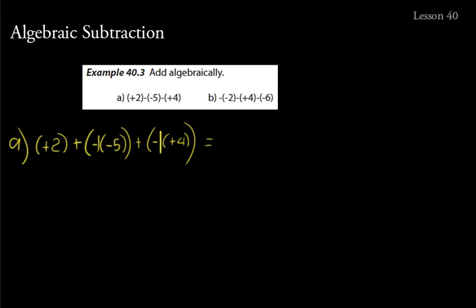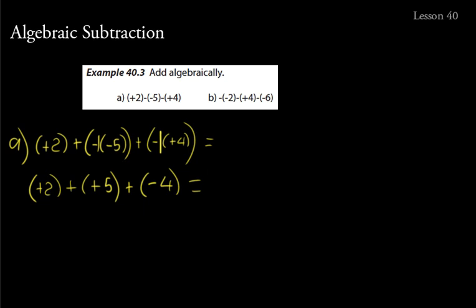Okay, so let's simplify those. PEMDAS, simplify inside parentheses first. Plus 2 plus a positive 5, right? Minus 1 times minus 5 is plus 5. Minus times minus is positive, okay? Plus minus times positive is minus, negative 4. Okay, add in pairs.